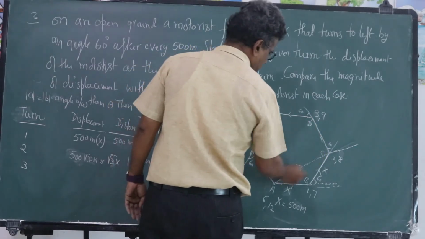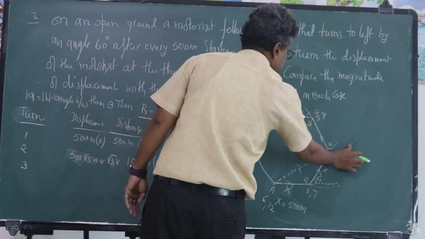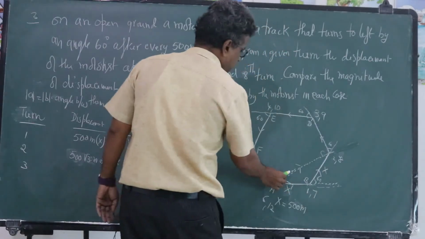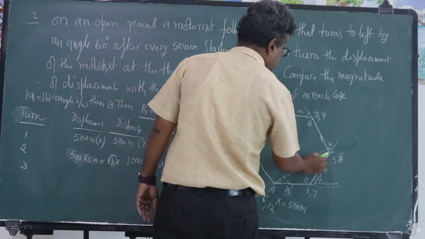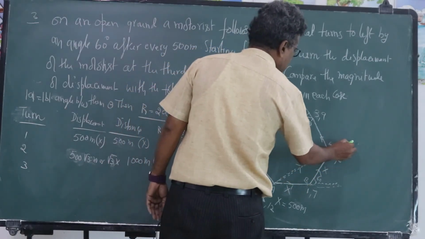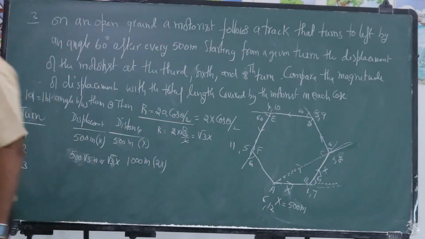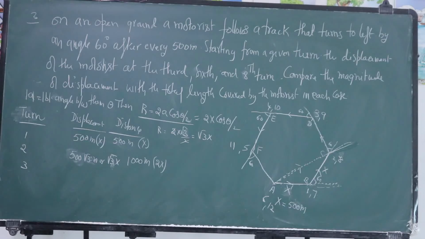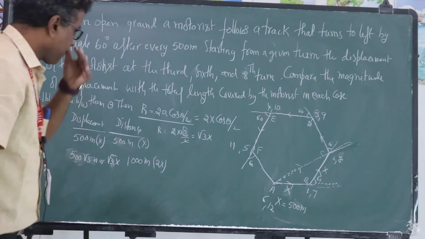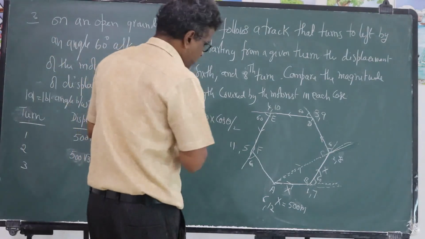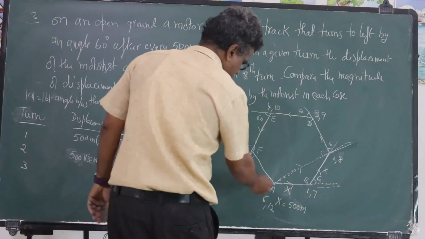With this we have to add 60 degrees, so you extend this one. This vector is the resultant. So you add this vector.